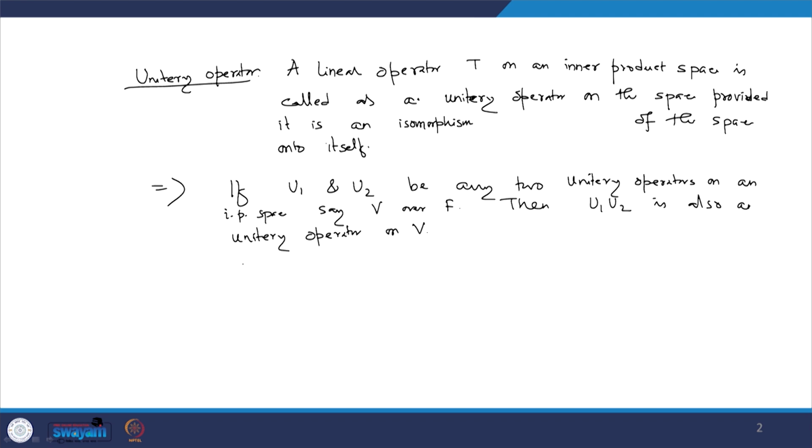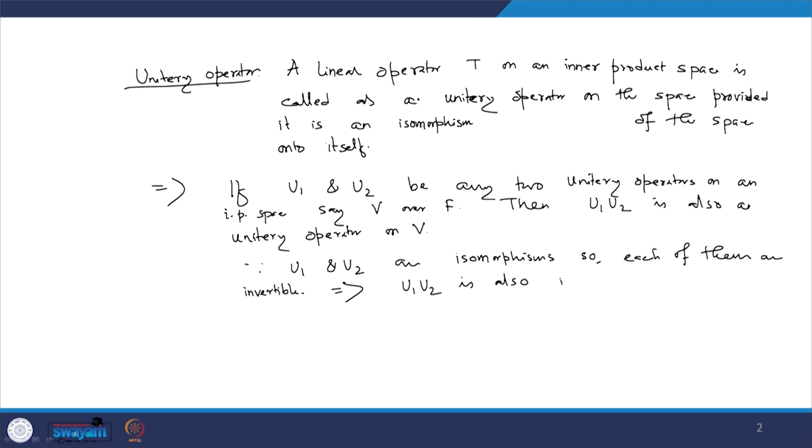See, since U1 and U2 are isomorphisms, each of them is invertible. So U1 is invertible, U2 is invertible, so the product will also be invertible. This implies U1 into U2, this into means composition basically, is also invertible.